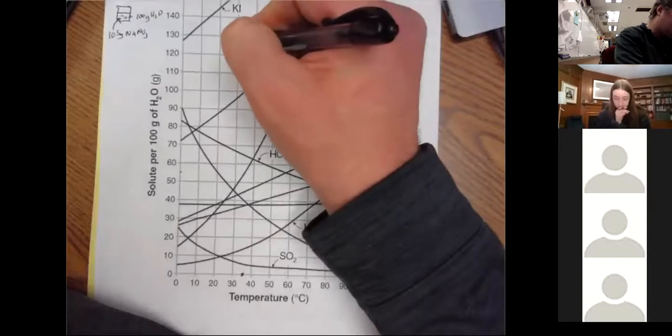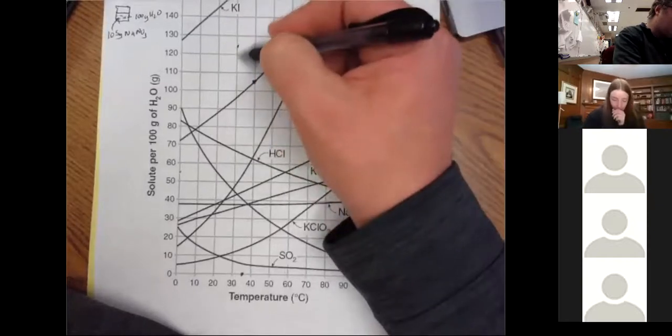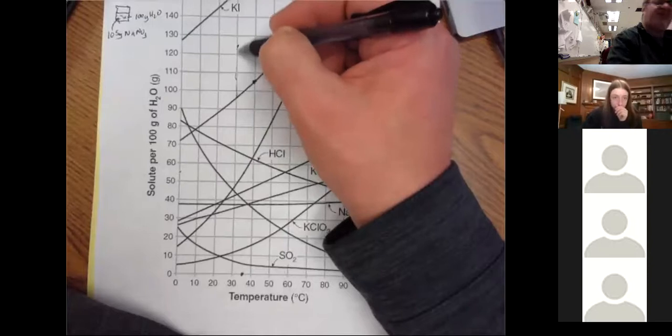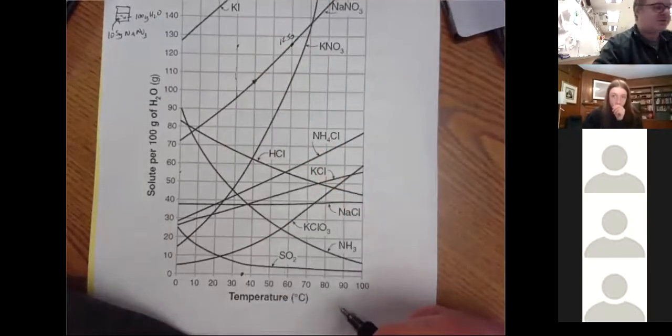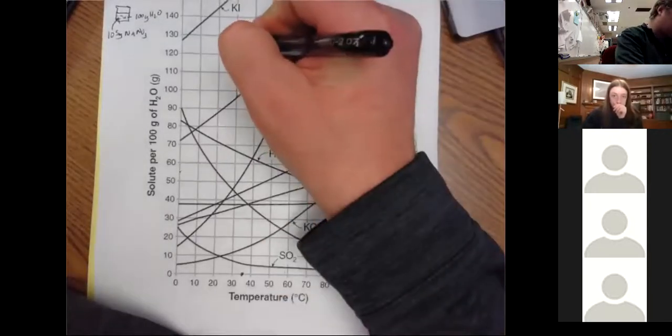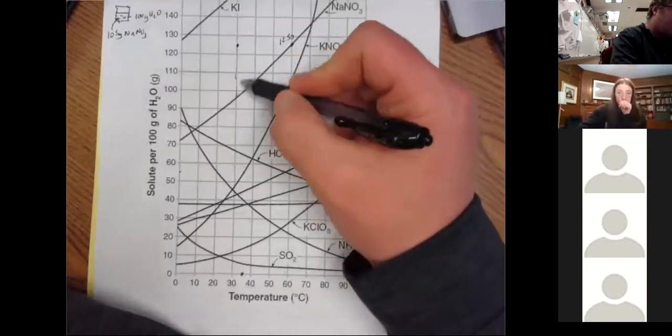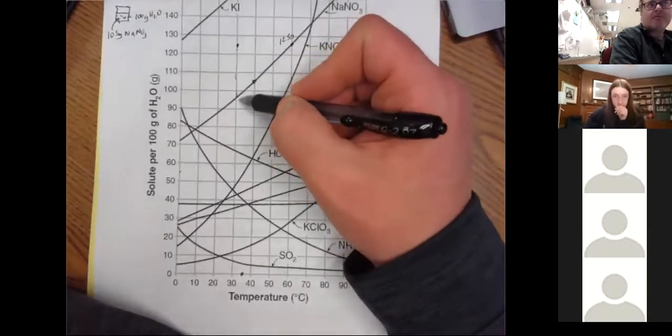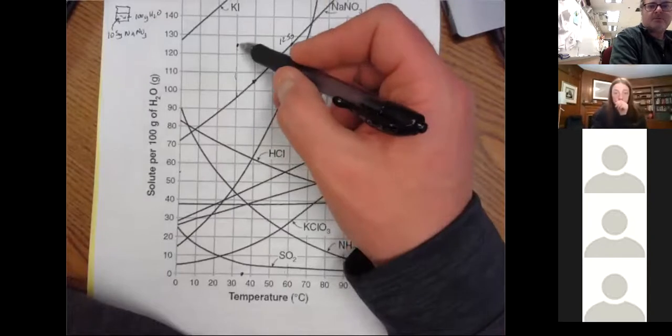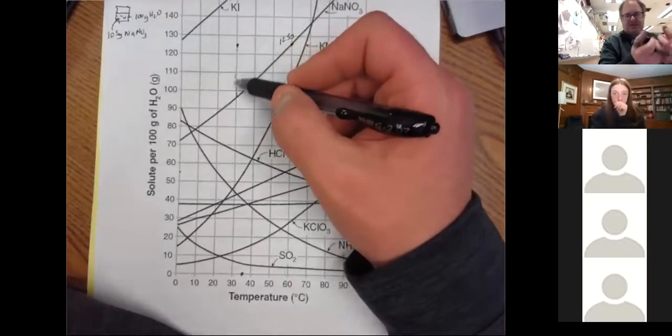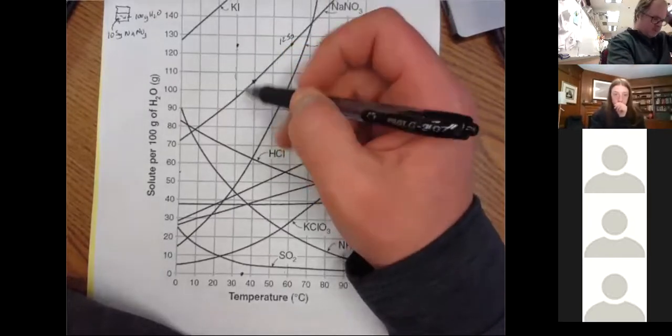Let's say I cool that to half that temperature, 30 degrees. So what's going to happen to all of this that's dissolved if it's not forming a supersaturated solution? Will it precipitate at the bottom? Yeah, it'll precipitate. Basically, it'll form that solid at the bottom, right?